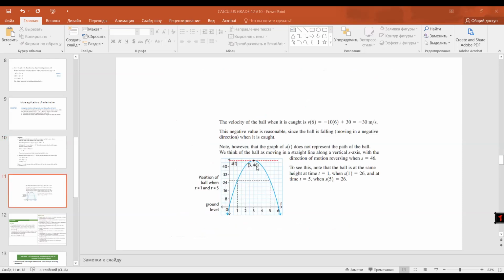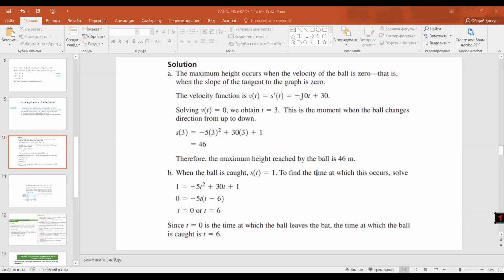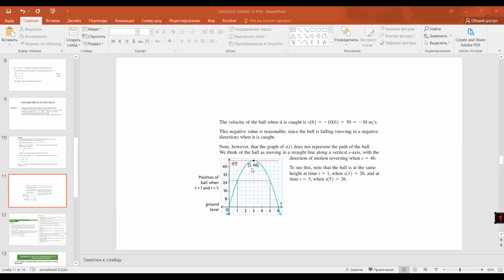And when time equals 3, displacement equals 46. And that's the coordinates of this point. Did you get it? Yeah.